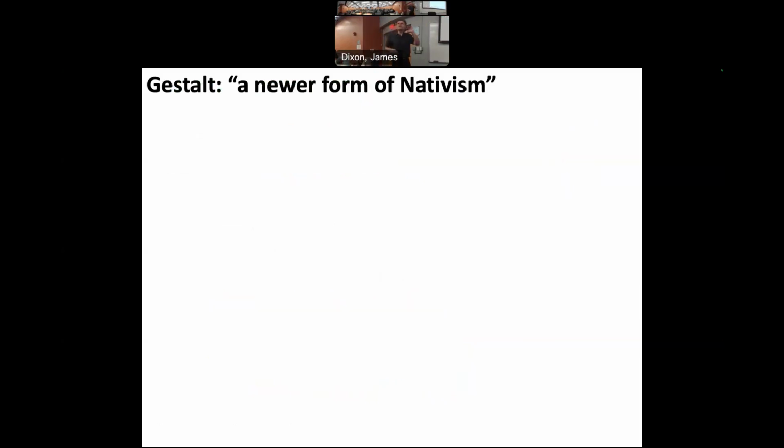We're going to take now a step back away from the constructionists and talk about a group called the Gestaltists, which actually they were a group that started in Germany. As World War II started to show itself on the horizon, a lot of them moved over here and were kind of East Coast academics.